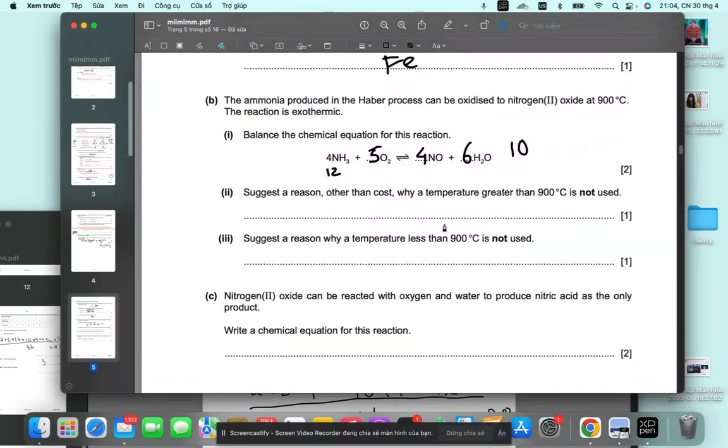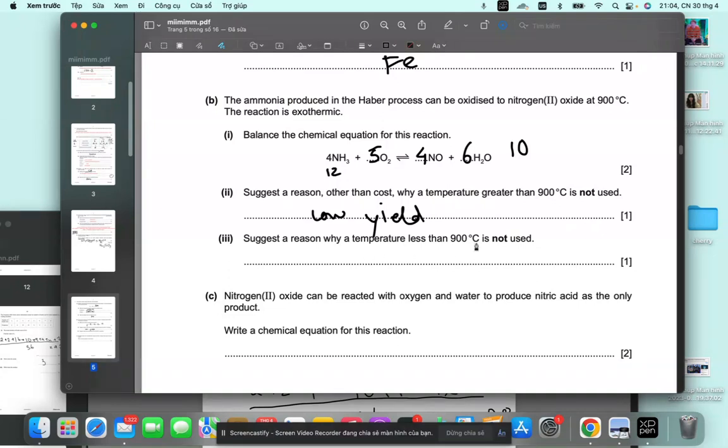And the cost greater. If it's greater, then low yield, because the forward reaction is exothermic, isn't it? If it has too high a temperature, the yield would be low.